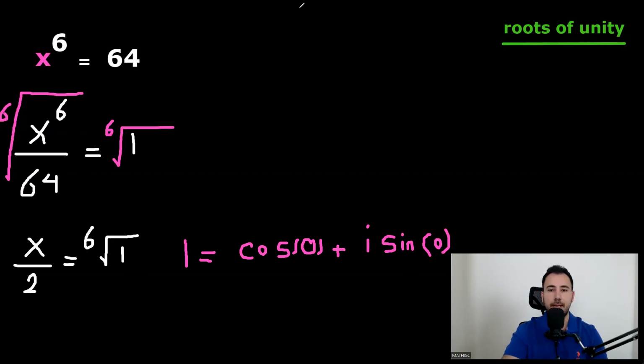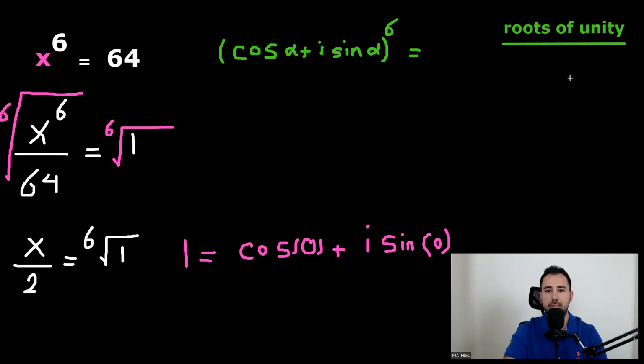Okay. Now, this is a crucial formula, okay? So it's going to be like this. Cosine of alpha plus i sine alpha, all of this to the power of 6. Okay. See, I'm not going to expand it now. I'm just going to write the result of it.